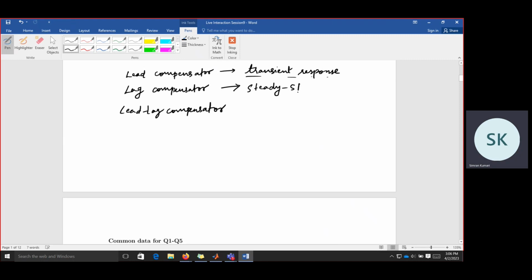This is used for steady state performance. And when both have to be satisfied, then the lead-lag compensator is used.